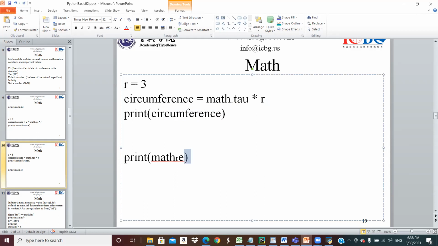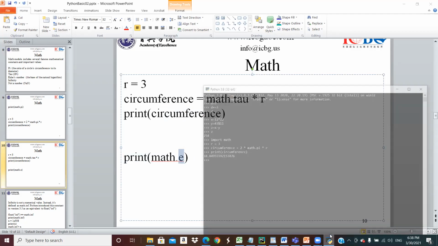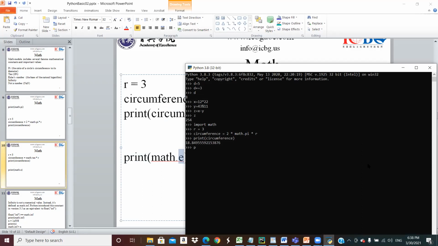And you try to print out math.e. E is another constant. So let me just do that. Print math.e. What is that? 2.718 something.